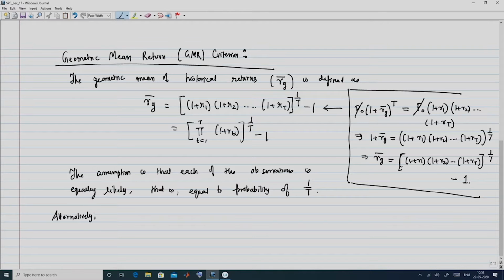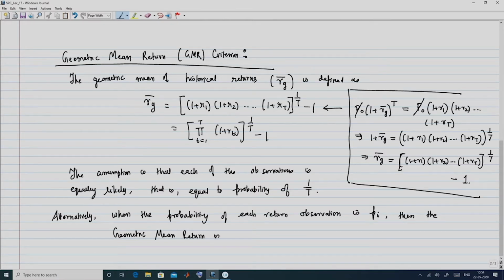Alternatively, when the probabilities of each return observation are not equal, but rather are denoted by Pj, then the geometric mean return is given by RG bar is equal to, so I will take a cue from this form, product of j equal to 1 to S of (1 plus Rj) raised to Pj, minus 1.